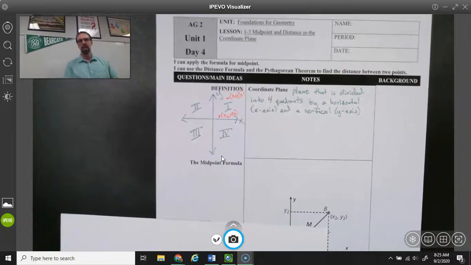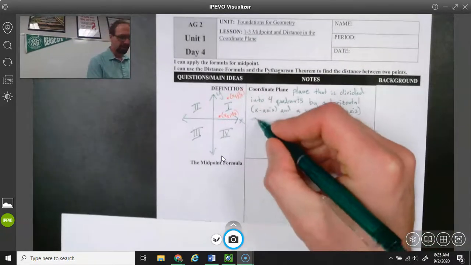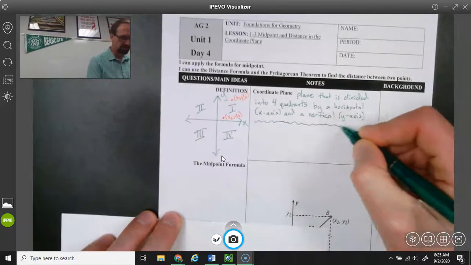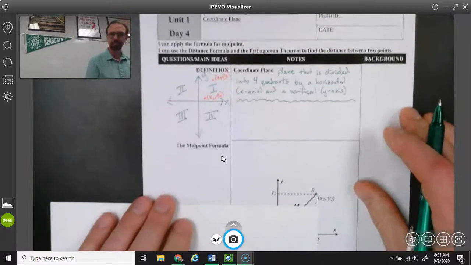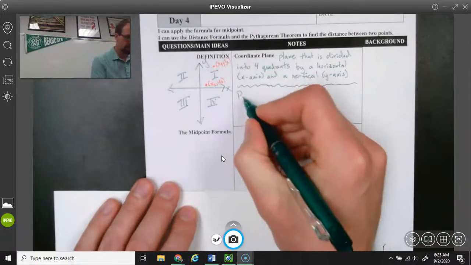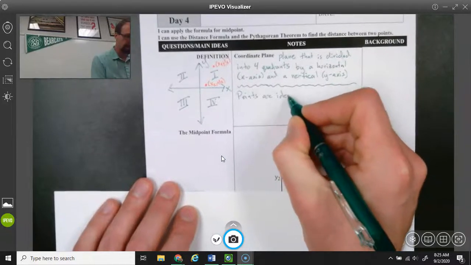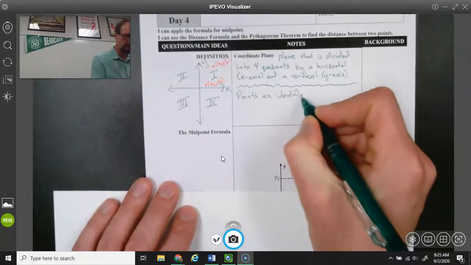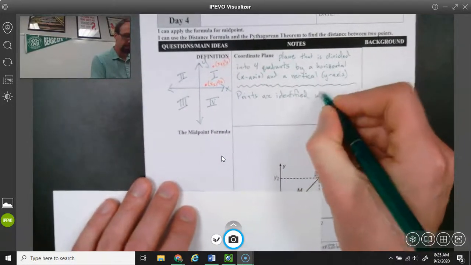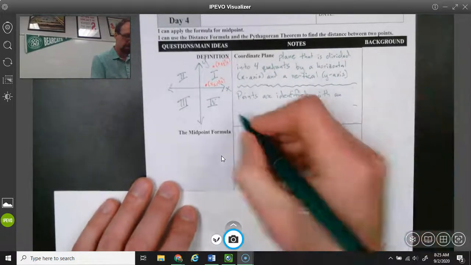And then we talked about how we identify points on there. So points are identified with an ordered pair.